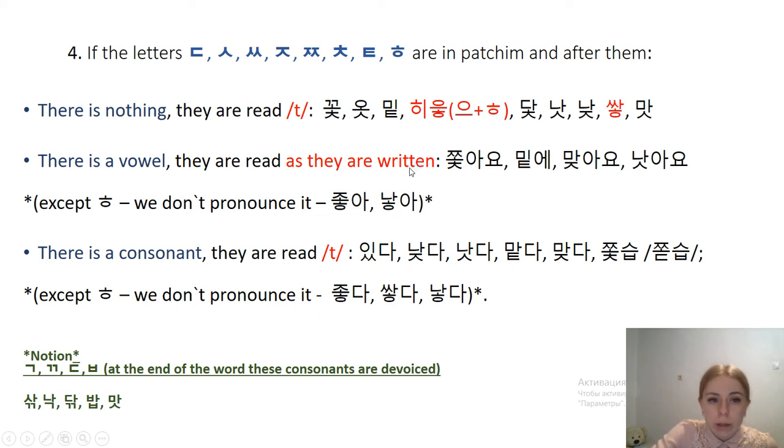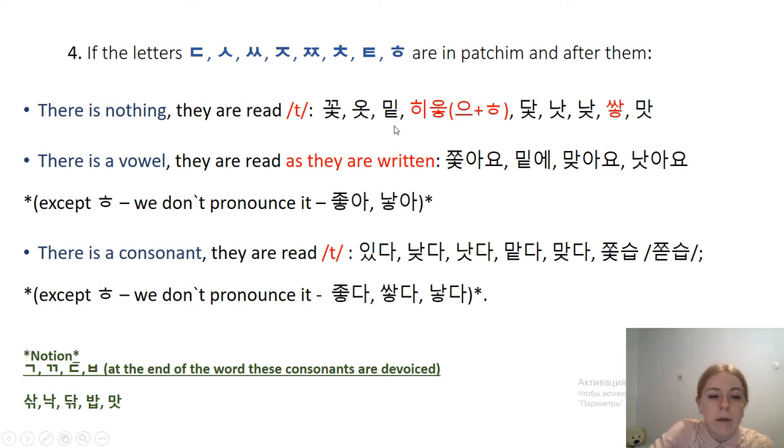The only situation where we read h is the beginning of the syllable, like here, 히읗, right? And if there is nothing after that, so if there is the end of the syllable, in this case we read it not like h, but we read it t. So that is why we read it like 낟, and here we read it like 히읃.